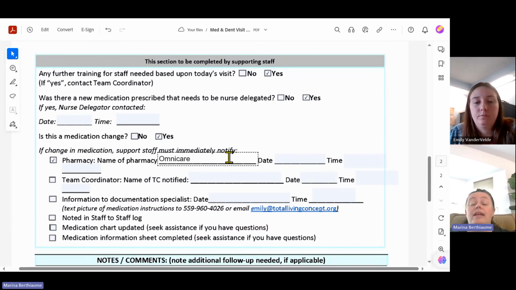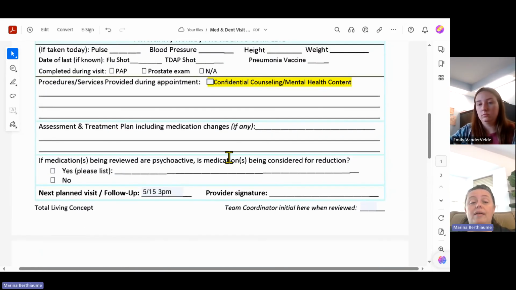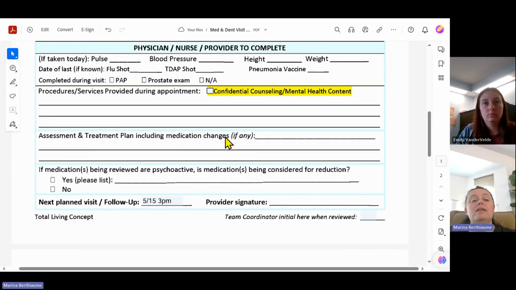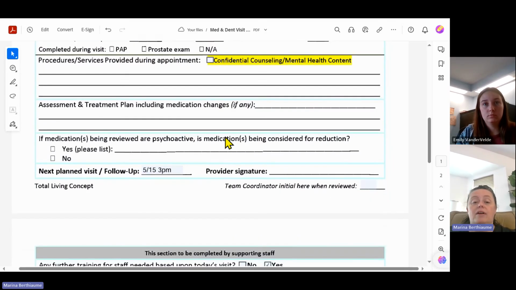In that case, you have to contact the prescriber up here again and say, hey, the pharmacy got instructions that said once a day, but you had told us on our form here that it was supposed to be twice a day, and have them clarify and fix the instructions to the pharmacy.